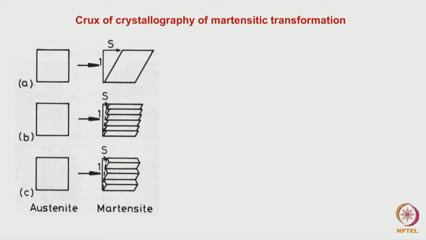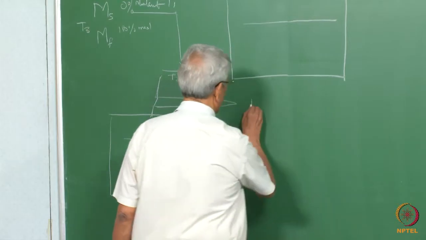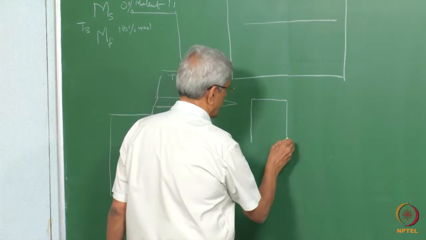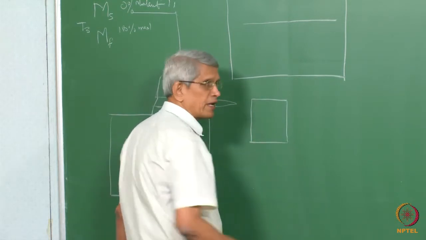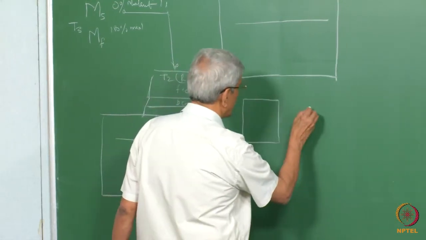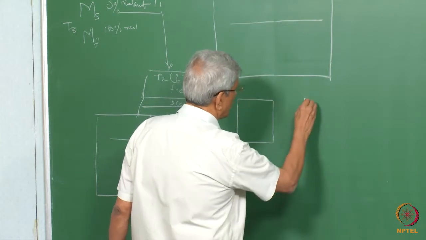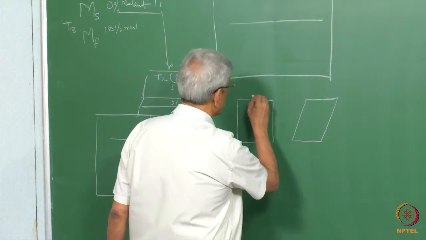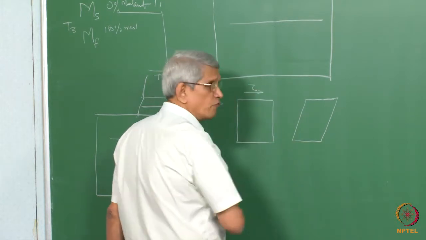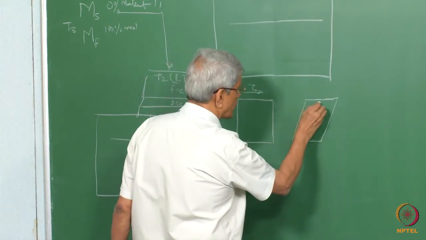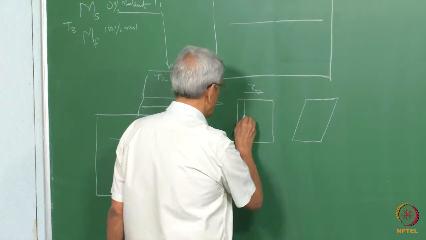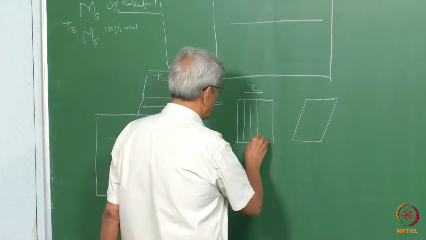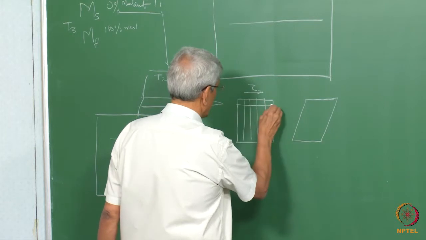Essentially here, you take a two-dimensional square lattice and allow it to undergo a transformation, that is a homogeneous shear.